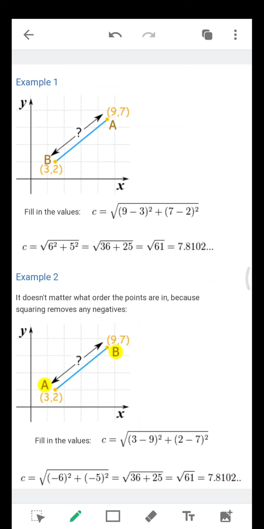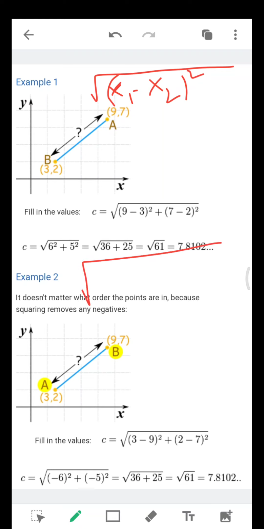Now one more thing you can notice here, you can write x2 minus x1 or x1 minus x2. That doesn't matter because we are squaring it. If somebody wants to write x1 minus x2 whole square, and your friend wants to write x2 minus x1 whole square, both are correct.